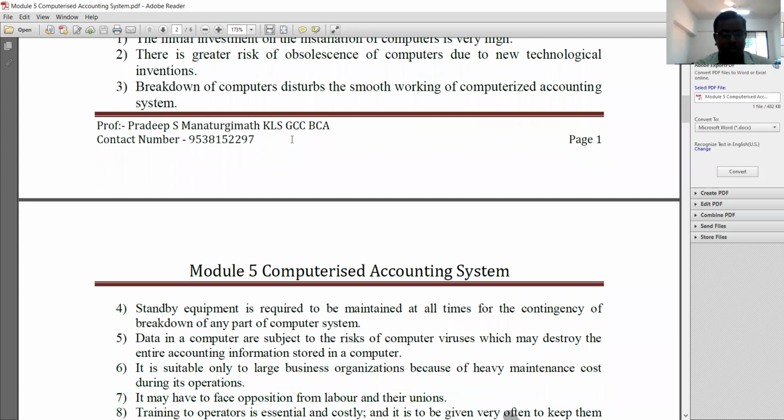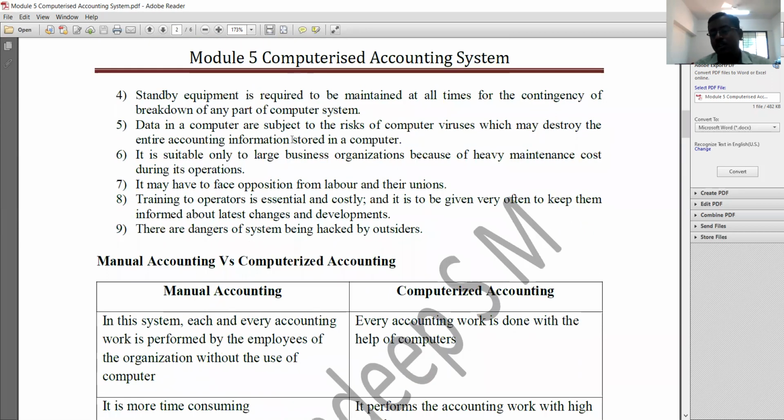Then another important drawback is that we need to maintain certain standby equipment in case of computerized accounting systems. You cannot maintain just the system, that is the computer. There are some other things required for getting proper work from that computer. In case of a power cut, you must have a UPS.